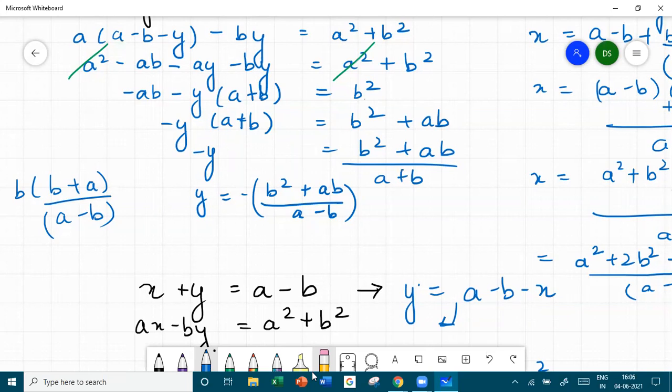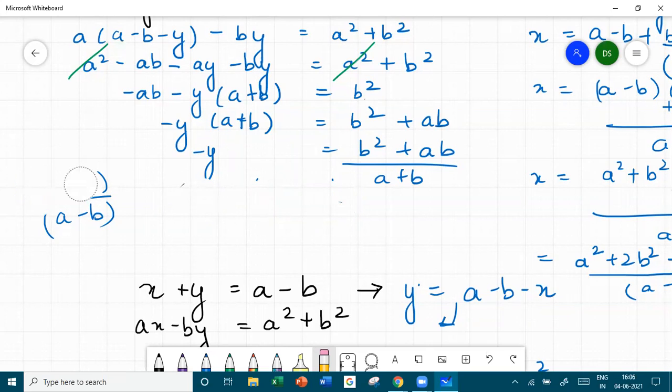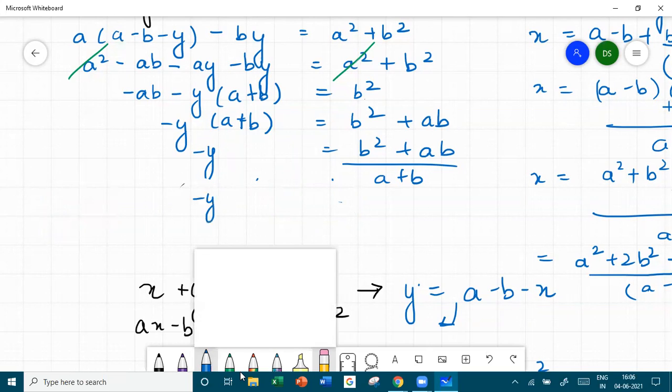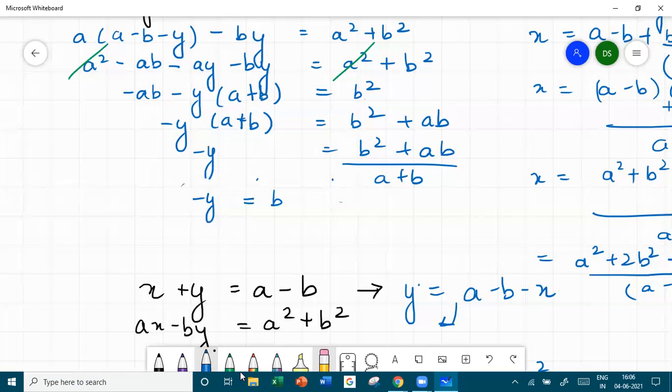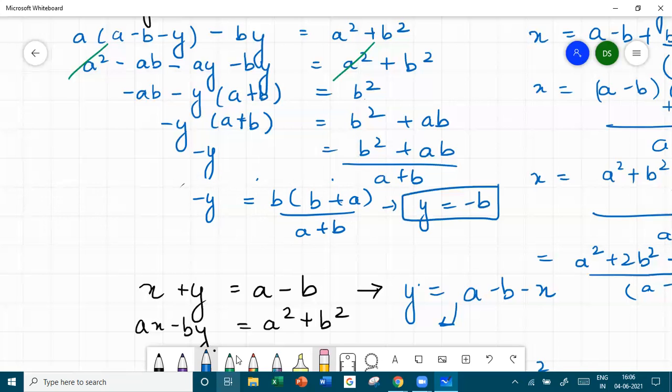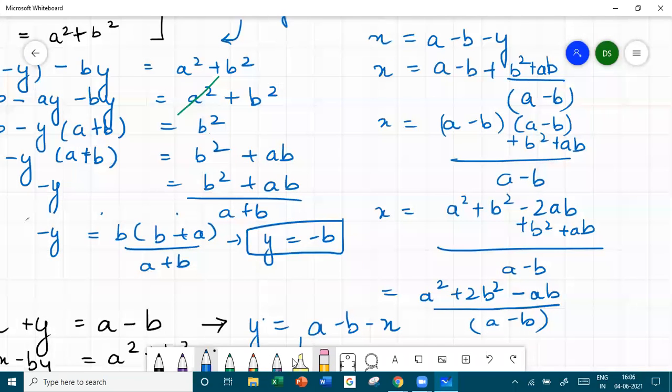And then instead of writing my final answer here, yeah, I got how they got it simple. b plus a by a plus b, correct? Which gives me y is equal to minus b. So this entire x part can be omitted. There is something wrong, terribly wrong.